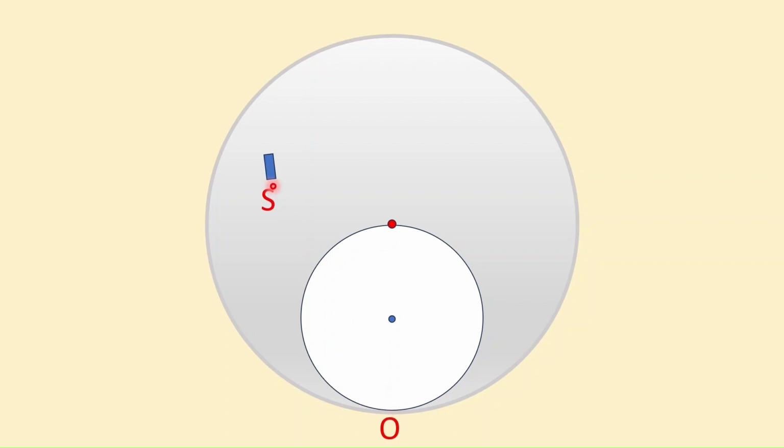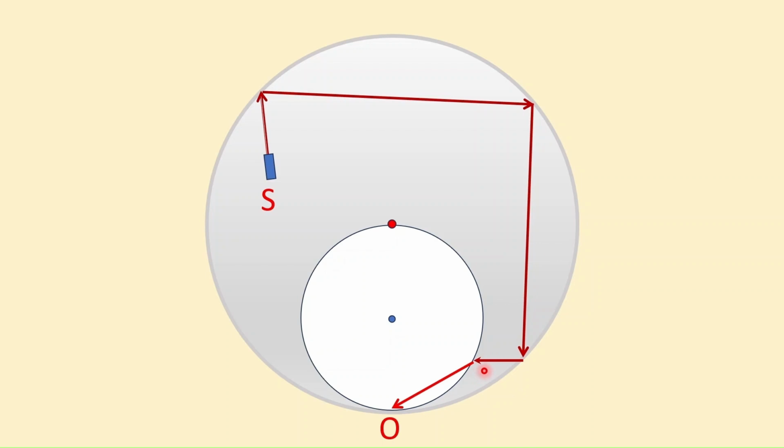S is the monochromatic unidirectional source. It emits the light which is incident at the periphery of the glass sphere and reflected like this. This process continues. Here at this boundary the refraction takes place, and it is incident at point O and gets reflected, and some light gets polarized through this small thickness.